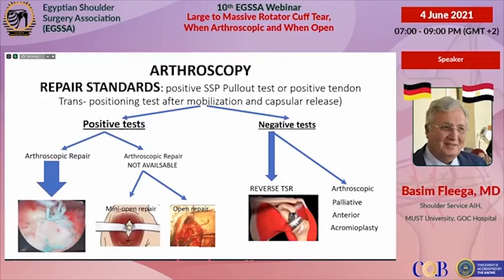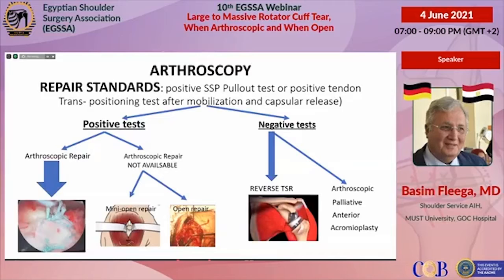If these tests are positive, we go for an arthroscopic repair. If the arthroscopic repair is not possible for any reason, say surgical skills or not availability of equipment, then we recommend mini open repair or open repair. If the tests are negative, we recommend a reverse total shoulder replacement.